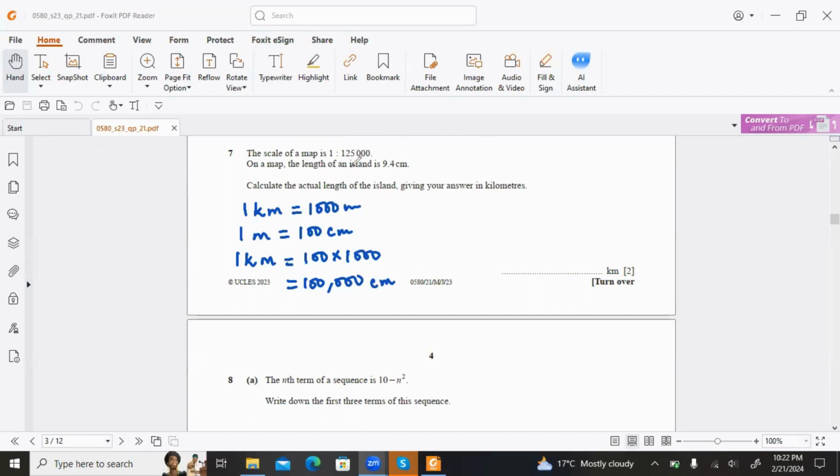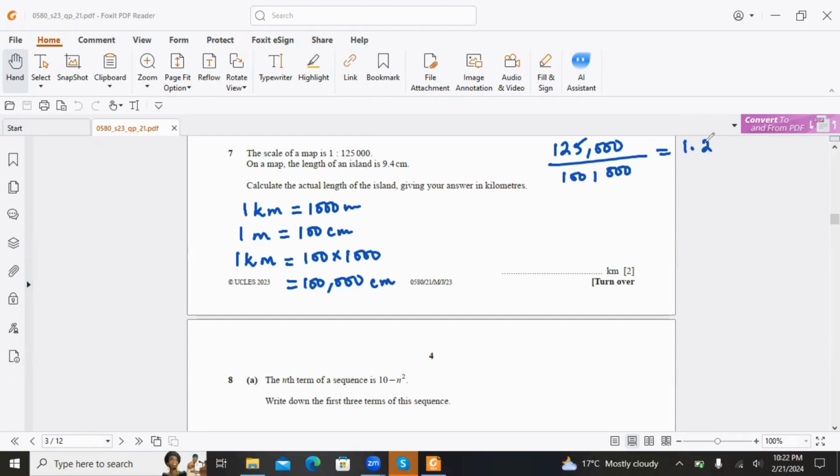We're going to first convert the 125,000 into kilometers. So for that, I'm going to do 125,000 divided by 100,000. That's going to give us 1.25 kilometers.